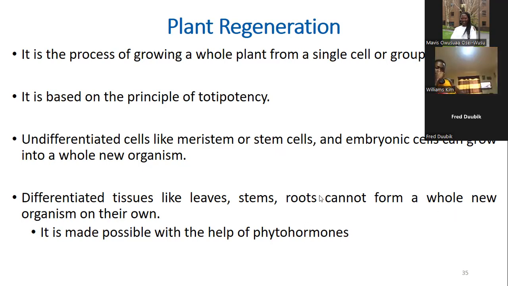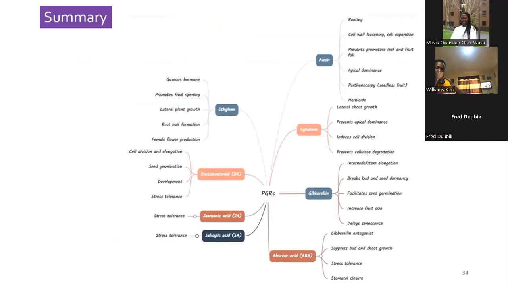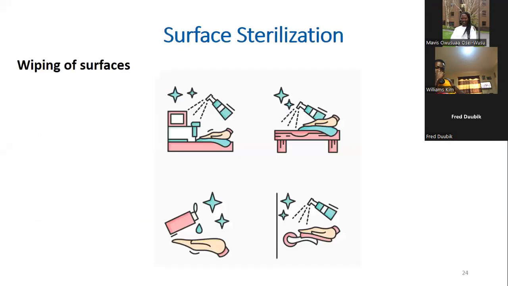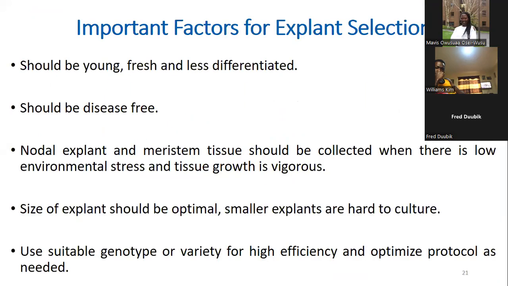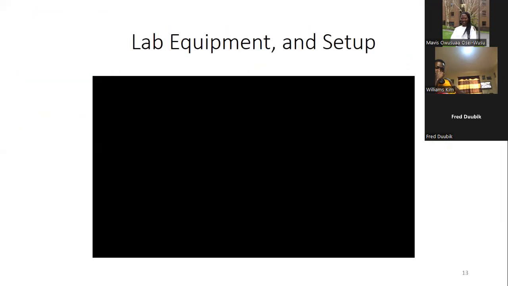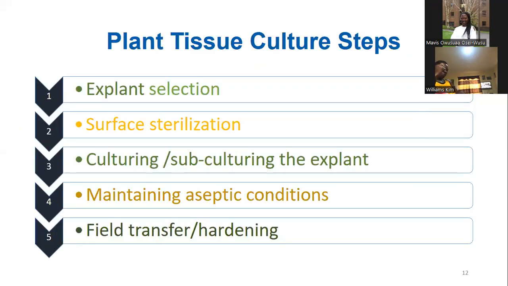So last week we met and we talked about tissue culture, plant tissue culture. I just want us to do a very quick recap of what we did. So we talked about what tissue culture is. We also mentioned the steps or stages in tissue culture.